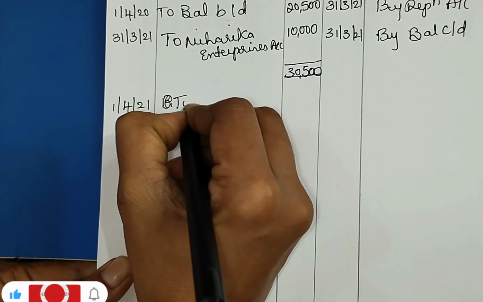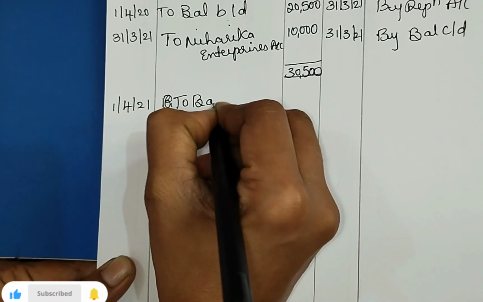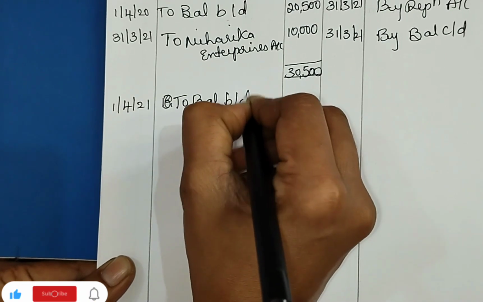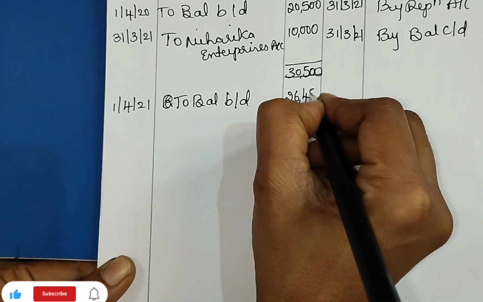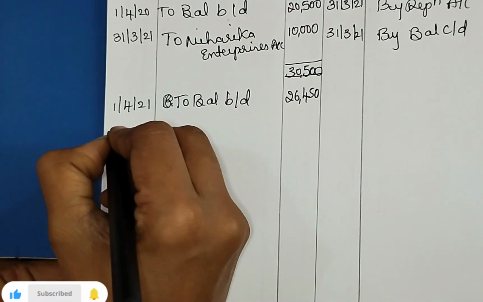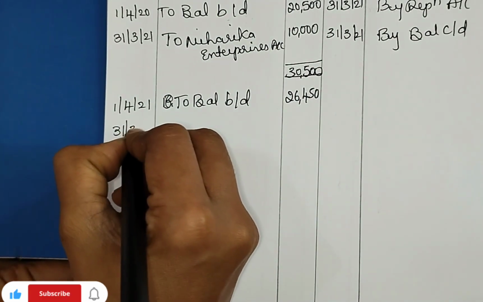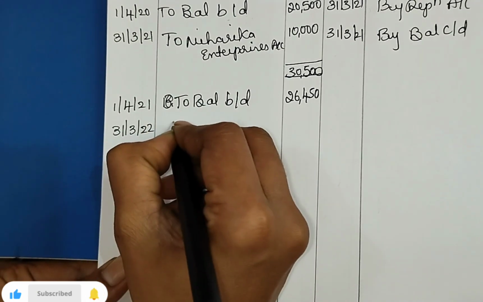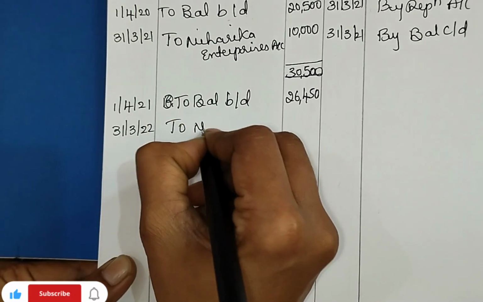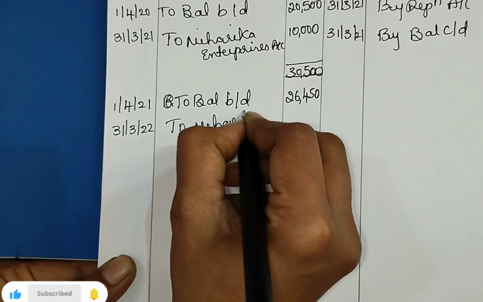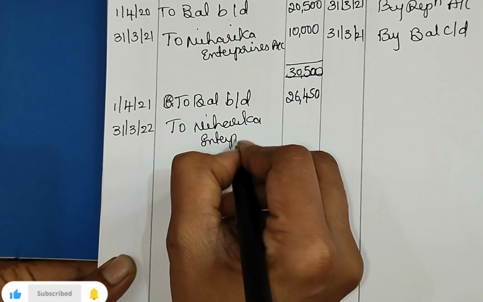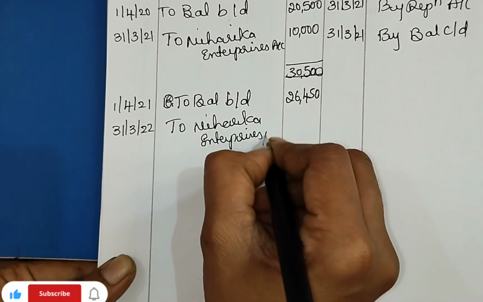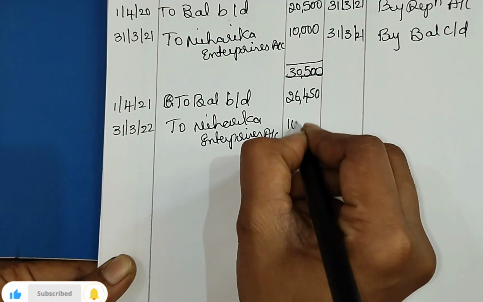So to balance brought down 26,450. On 31st March 2022 to Niharika Enterprises account 10,000.